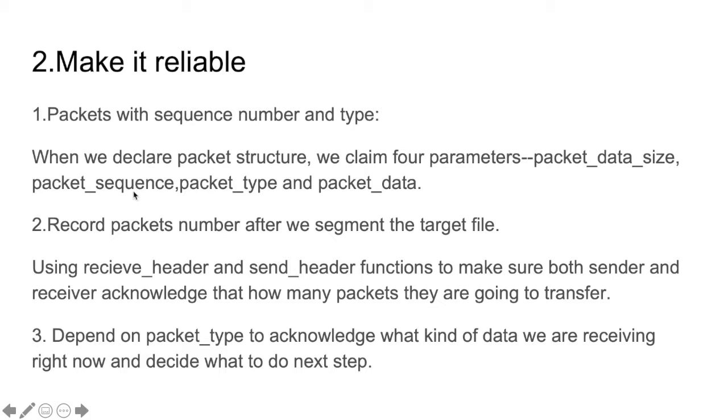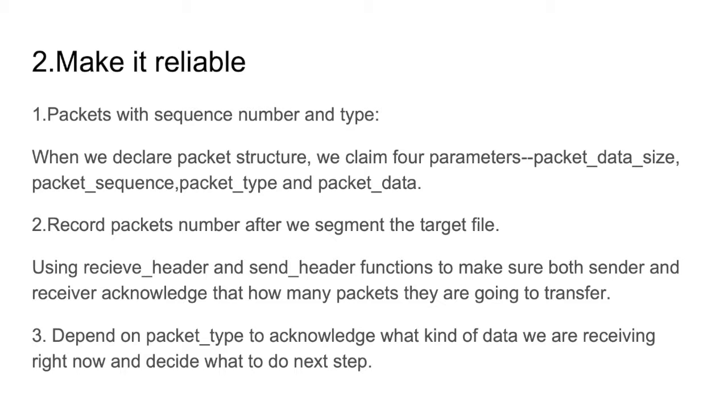So the packet sequence records that number of each small piece, and packet data contains the data of each piece. Data size is the total size of the packet data.